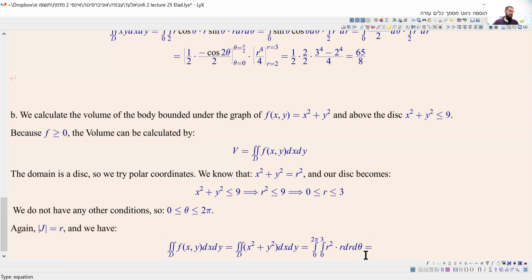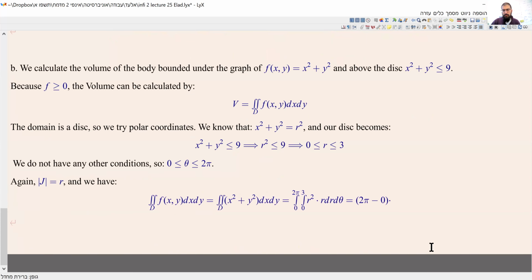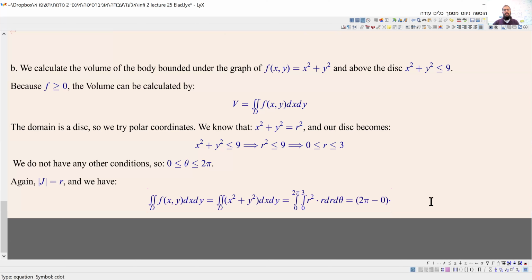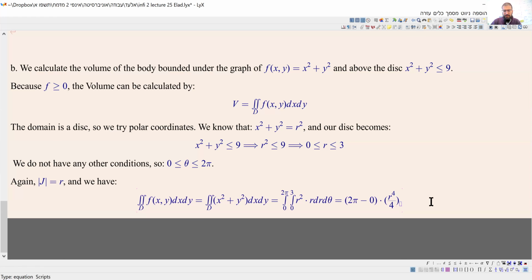For theta, we do not have any theta in the integrand, so it's just the difference between the bounds of theta. And the integral of r cubed is r to the power of 4 over 4, between 0 and 3.